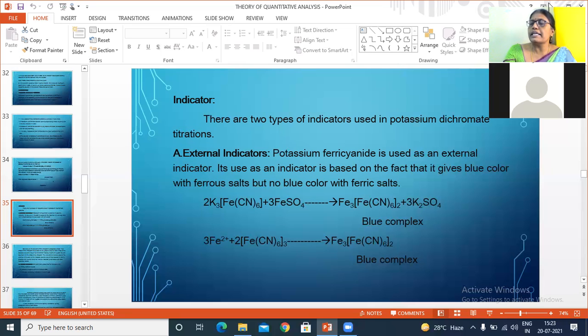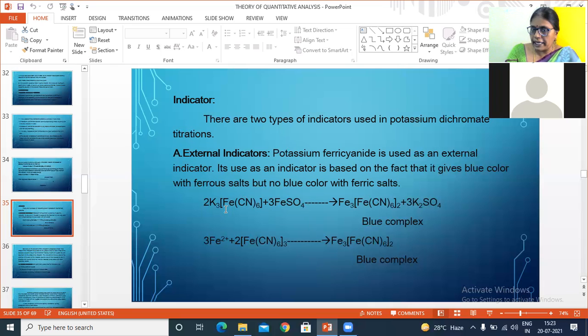With ferrous salts only, it can give a specific blue color. If it converts into ferric salts, there is no blue color. That is the nature of potassium ferricyanide, which can be used as an external indicator for dichrometric titrations.